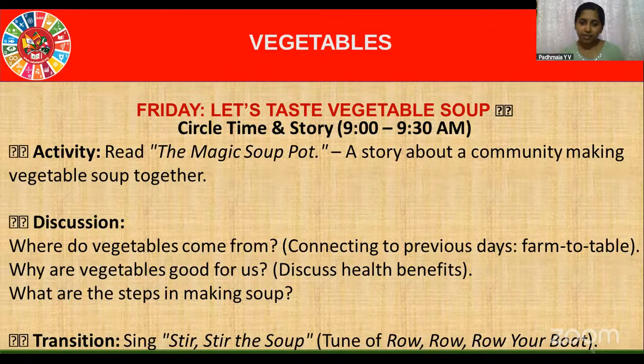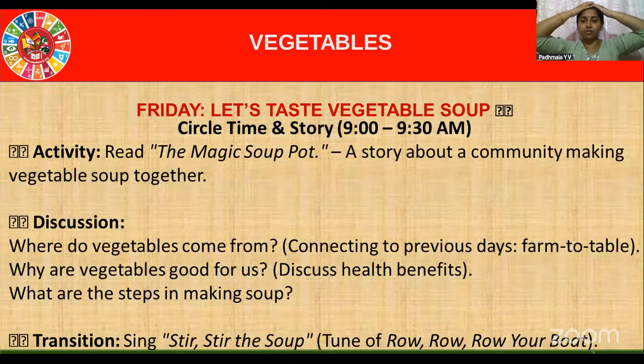I'll sing it. Oh, mama, please give me vegetable soup to help me to grow strong from my head to my toes. Oh, mama, please give me some vegetable soup to help me to grow strong from my head to my toes.